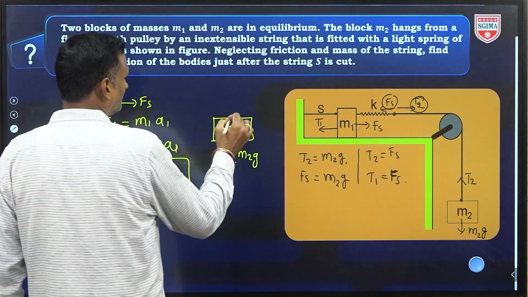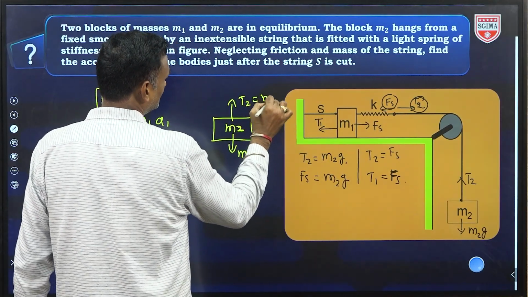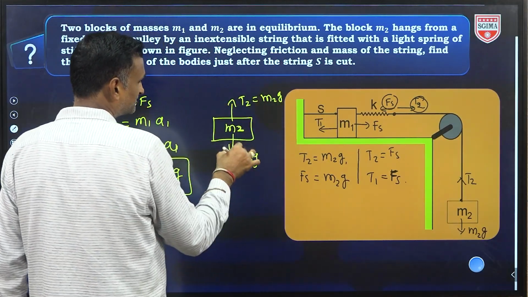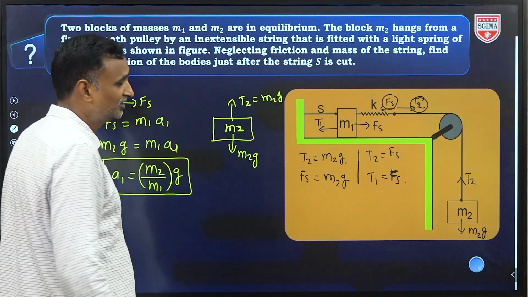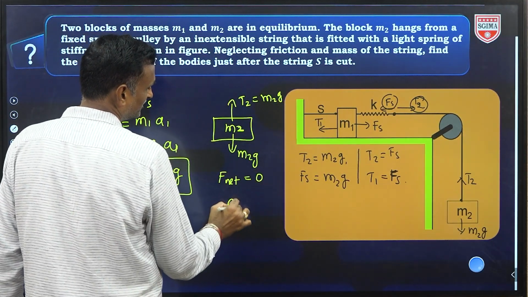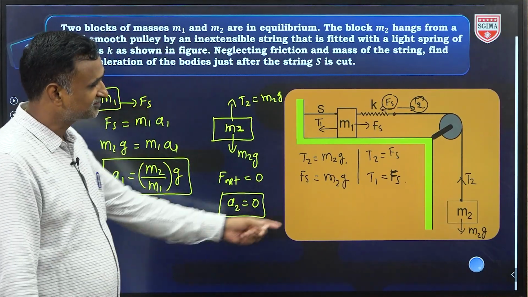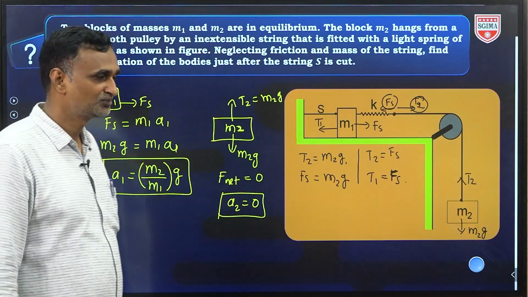The upward value we got in the earlier case was M2G only. So the upward and downward forces are the same, then F net on M2 must be 0, then the acceleration of the second block must be 0. That second block will be at rest.